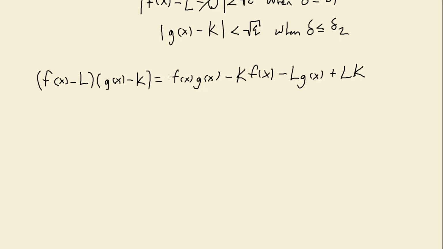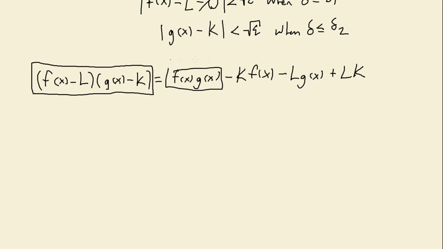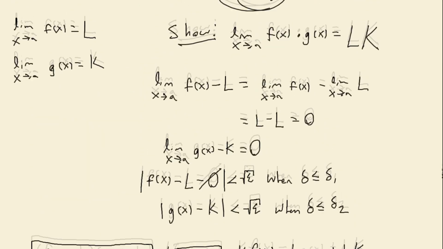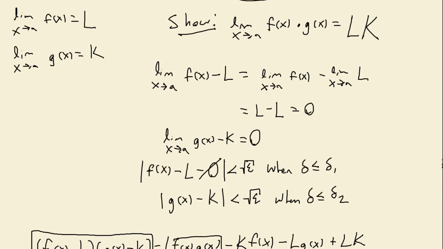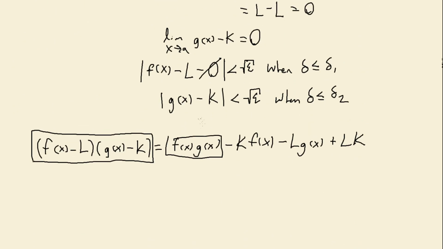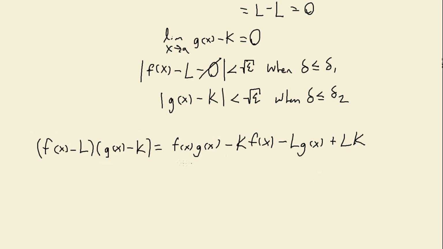And now here I notice that this is what we're wanting to take the limit of. And this is something that looks remarkably close to what we have up here, right? F of x minus L and g of x minus k. And so if I can get this in terms of this and these other things, then I might be able to find a way to prove this property. And so I'm going to do that.